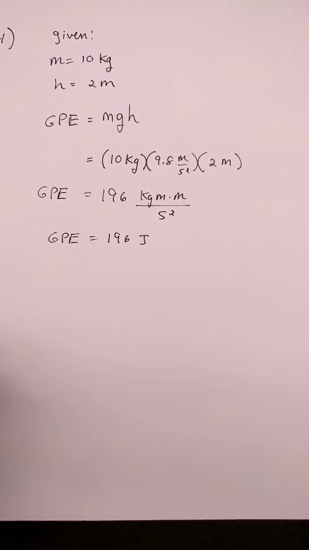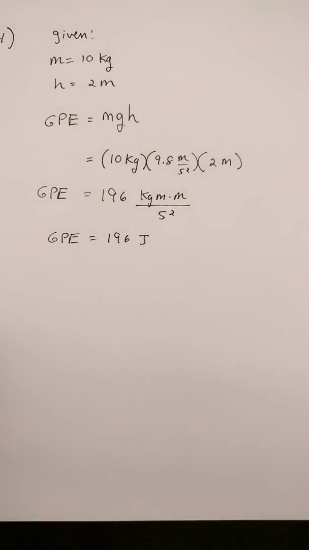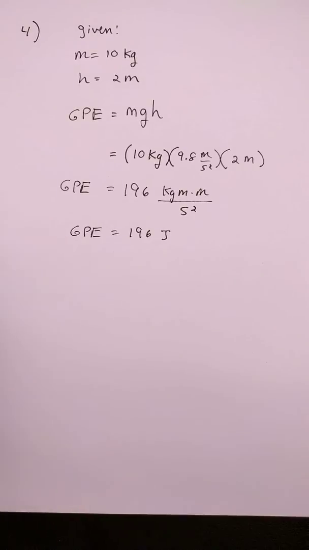So this is an excellent example of where work to lift the rock becomes stored as gravitational potential energy that you can get back later by letting go and letting it fall. Then that energy can be used to do work later too.